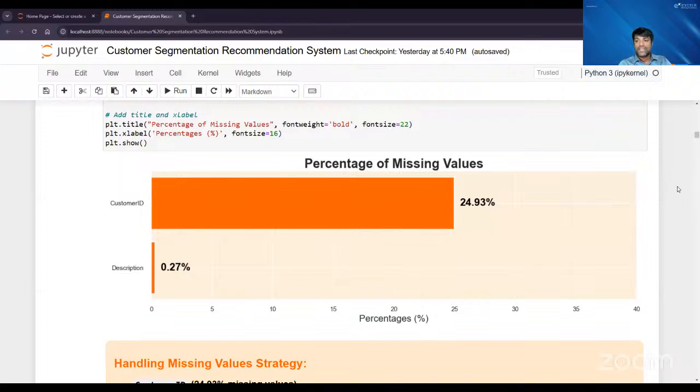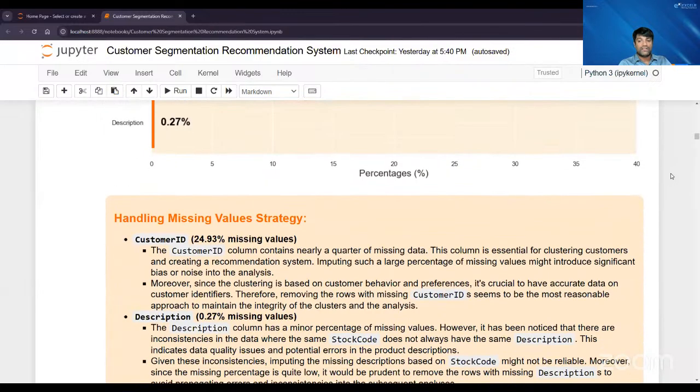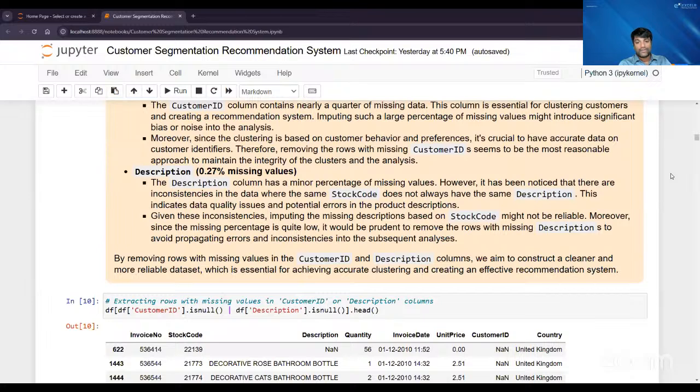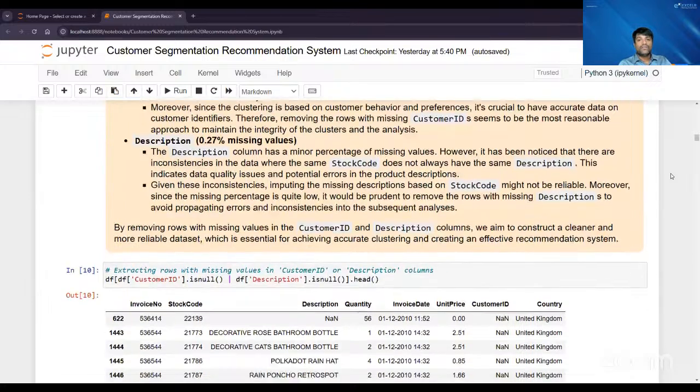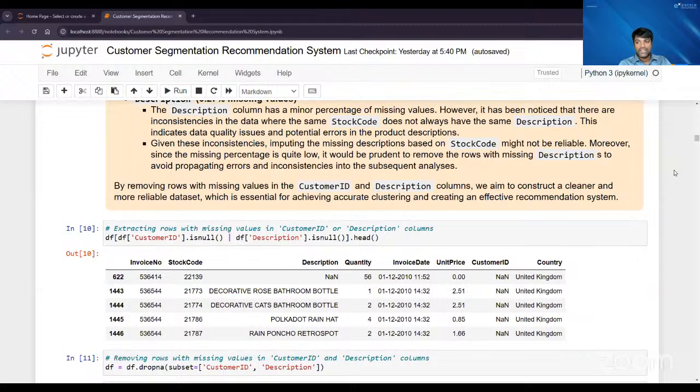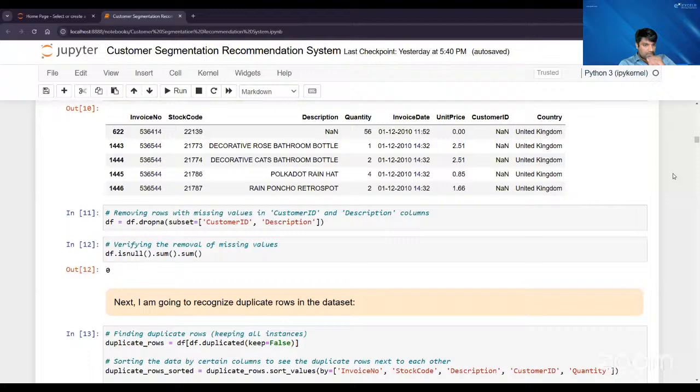Since the ID is a very important part and it's missing, we thought to delete that. Nearly a quarter of the data is missing. We chose to delete it because we felt it's a safer option.